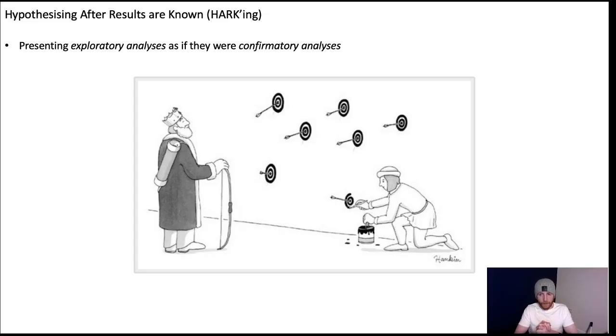Again, if you turned up after the fact and saw those targets and saw all those arrows in the target, you would think, wow, whoever shot these must have been really good. But in actuality, by HARKing, you're essentially just going up and drawing targets around where the arrows hit. Okay, you've got some noisy data and you're just pretending that you predicted it perfectly.